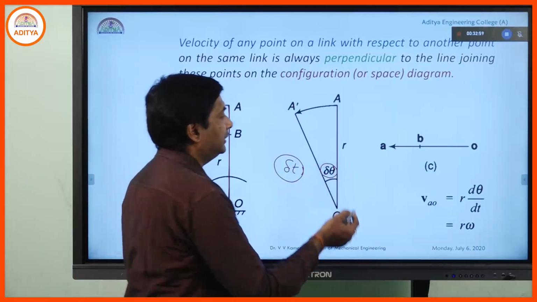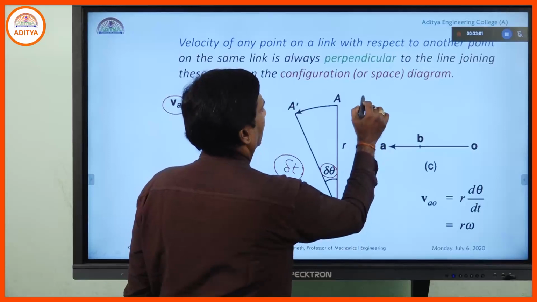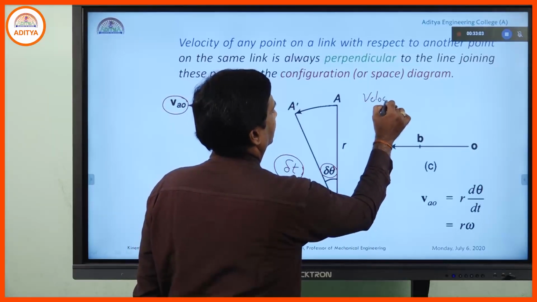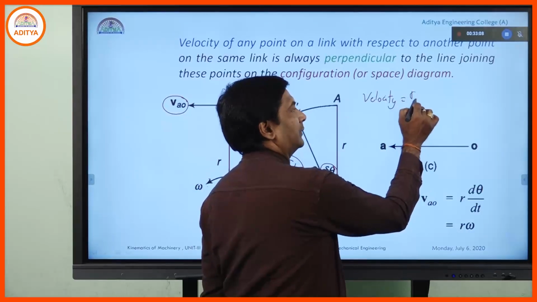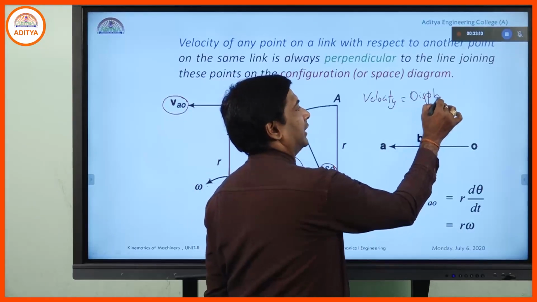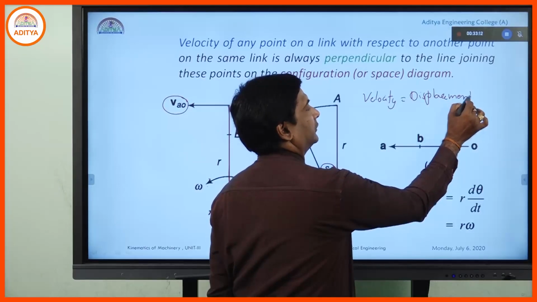Now, what is the velocity we are taking? The basic definition of velocity is distance by time, or if it is a vector, we call it displacement by time.